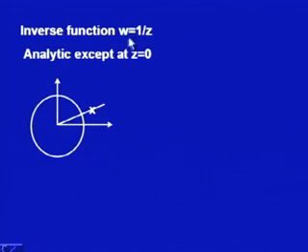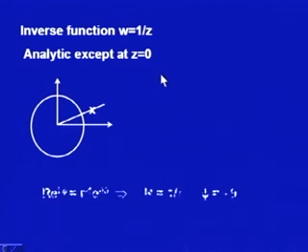Now, we consider the inverse function w = 1/z. We may notice that this function is analytic except at z = 0. When we write this function as Re^{iφ} on the w plane and r^{-1}e^{-iθ} on the right hand side, this implies that R = 1/r and φ = −θ.